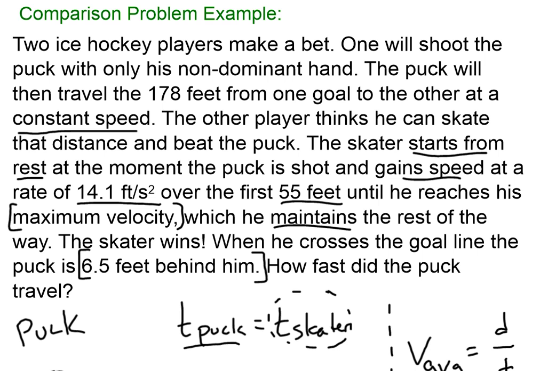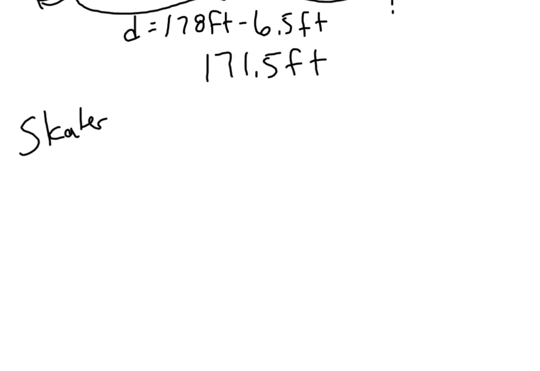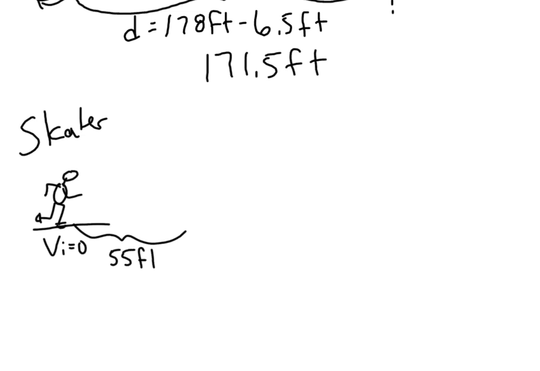So let's scroll down and draw a diagram of that motion. For the skater, we know that there he is. He's skating along, VI is 0. He's going to skate 55 of the 178 feet.